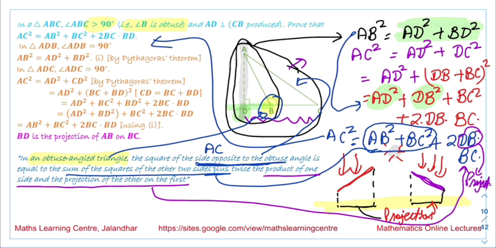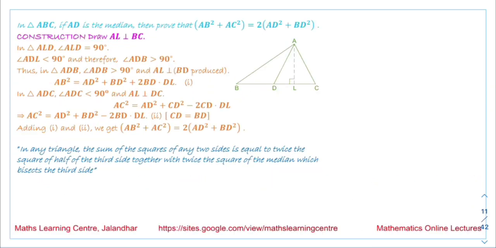Now the next result we have is that in a triangle ABC, AD is the median. This AD is the median. It means this BD length and this DC length are equal. We have to prove that AB square plus AC square is equal to 2 times AD square plus BD square.